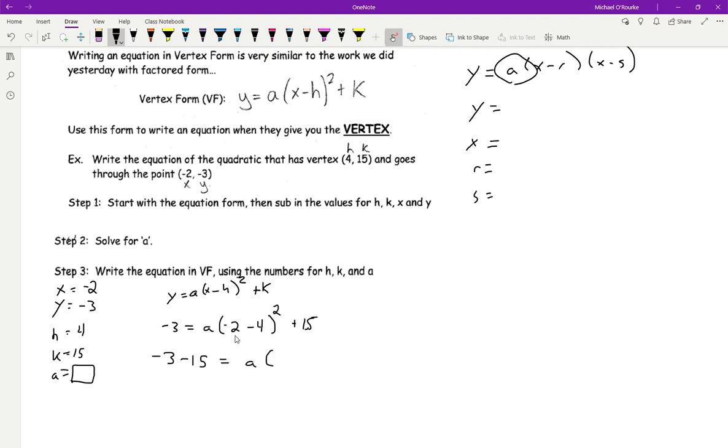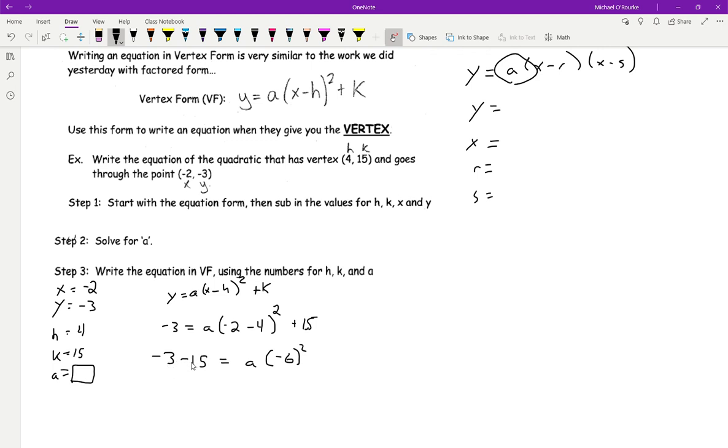And then we can combine these two in here. So -2 minus 4 is -6. Okay? If I ever go too fast, just type in chat slow down or something like that, or even just an S. Okay? So now we can combine these two over here.